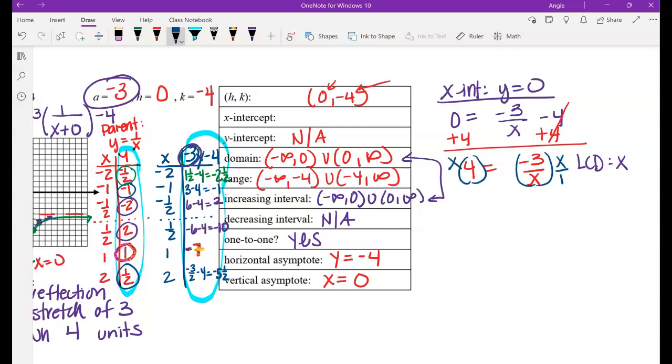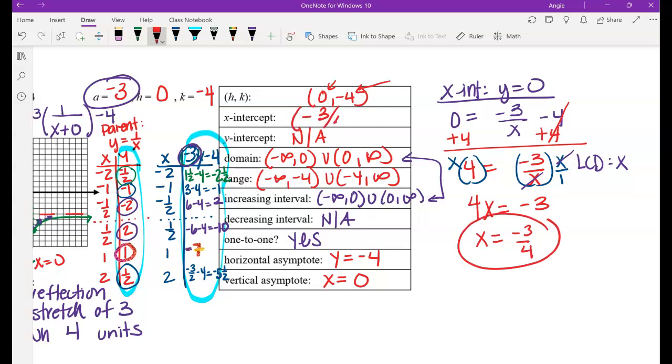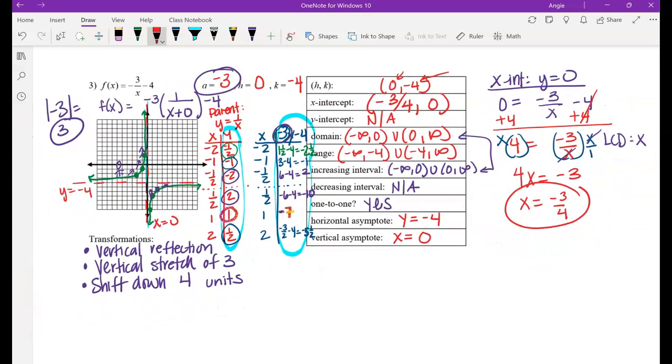Remember, x and x over 1 is exactly the same. This allows you to reduce and reduce. So on the left side, you got 4 times x, which is 4x, equals negative 3 on the right side. Divide both sides by 4, so negative 3 over 4. So that's your x-intercept: negative 3 over 4, comma 0. And let's pinch it in to see if we completed everything.